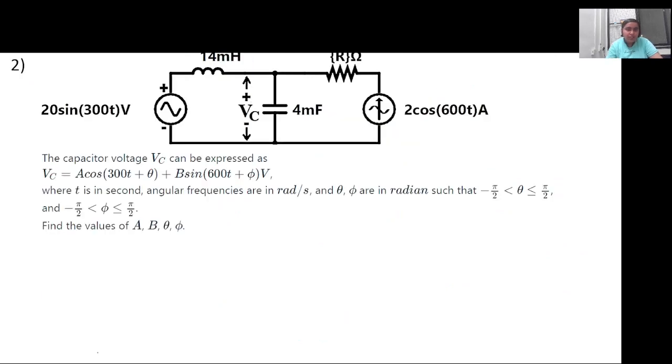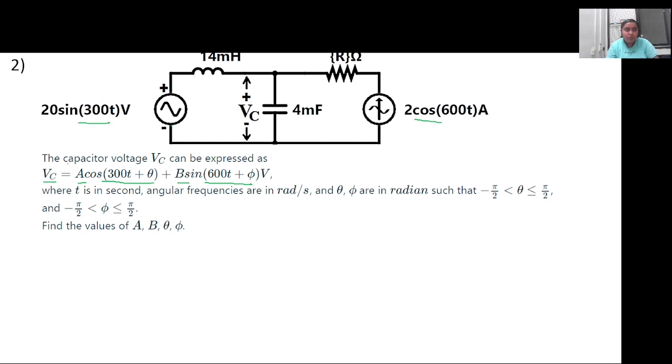For the next question, a circuit having an inductance, capacitance and resistance connected as shown is given here. It has two sources, one a voltage source, the other a current source. The voltage across the capacitor Vc is written in terms of a constant and cos of omega t plus an angle, and again a constant and sine of omega t plus an angle.